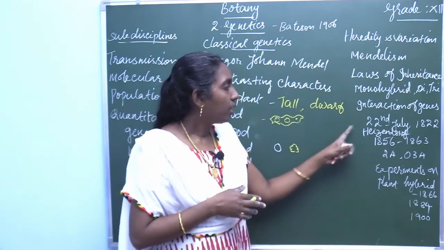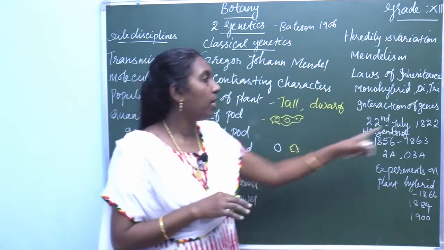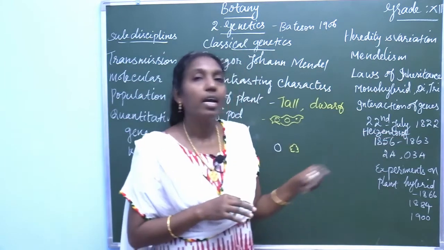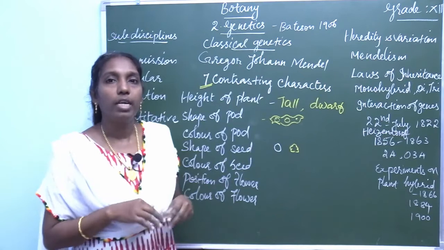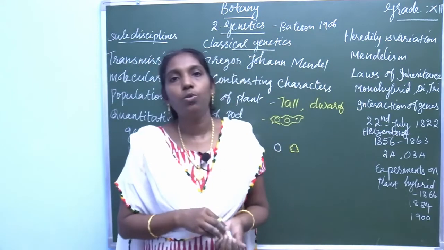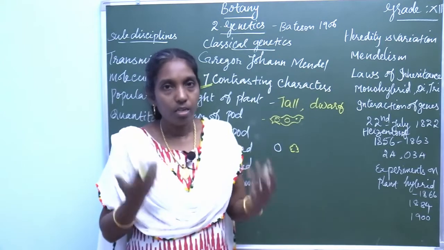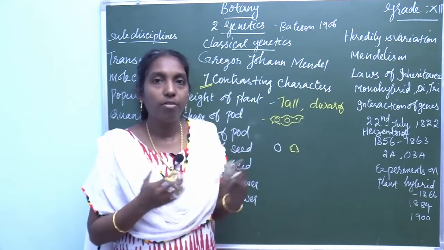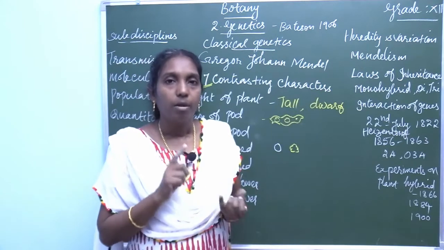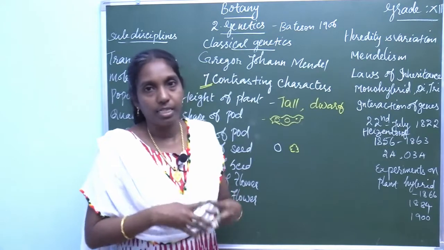He was born on 22nd July 1822 in Heissendorf, and after finishing his school studies, he entered college. At the University of Vienna, he studied mathematics, botany as well as physics.